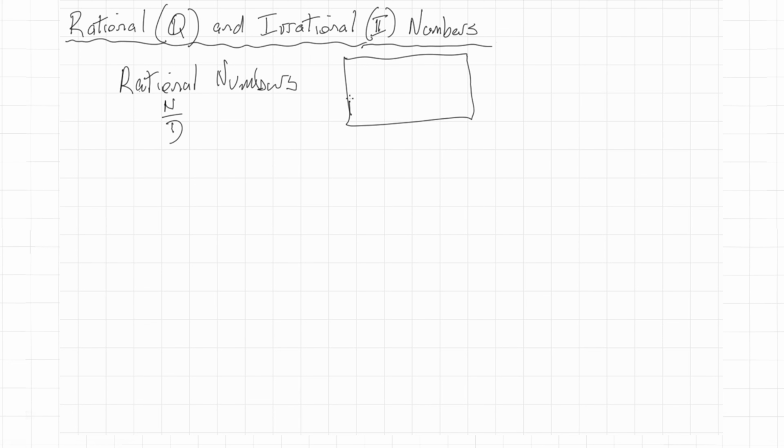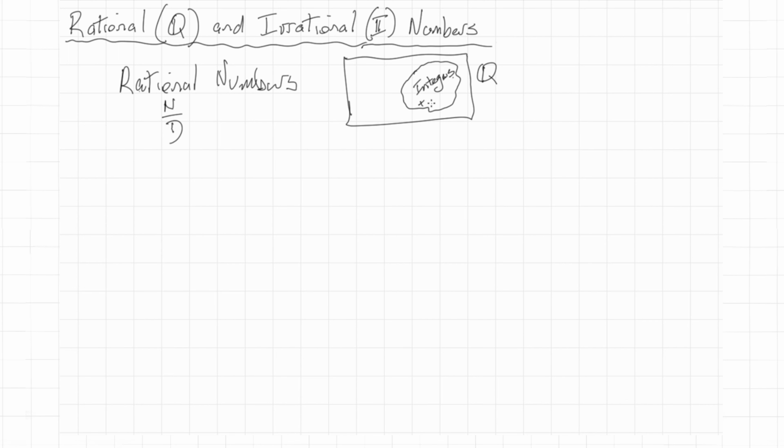Now, if this is all the rational numbers, which, as I say, is represented by Q, then we've got a subgrouping, or what we call a subset, which are all the integers. And don't forget, integers can be positive and negative, and we also include zero.